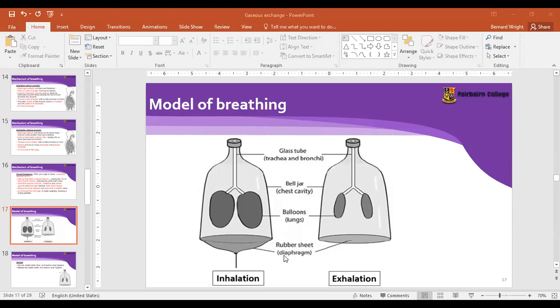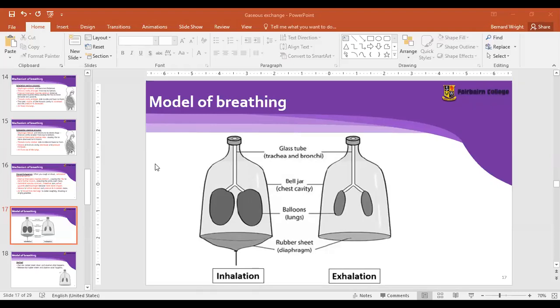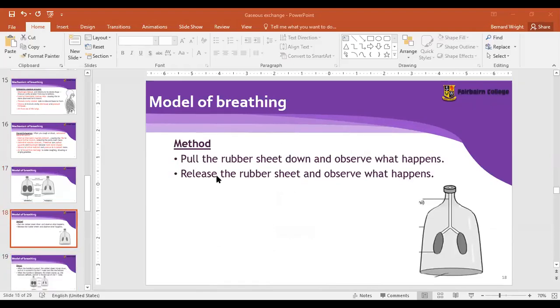I think one of your activities that you have to do is with regards to this setup over here. So you have to explain what's happening over here. The method that I just went through is you pull down on the rubber sheet and observe what happens, release the rubber sheet and observe what happens. Hopefully you just observed what happened when I pulled it down and released it back.